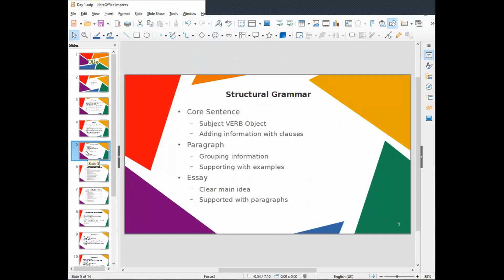I have found that the best way to move forward to build your English is through a structural understanding of grammar. We'll be focusing on core sentences, the basic setup of a sentence, and then adding information to that basic sentence. That means if you are worried that your vocabulary is too small, there is no problem.